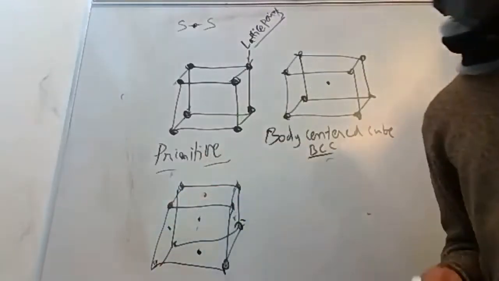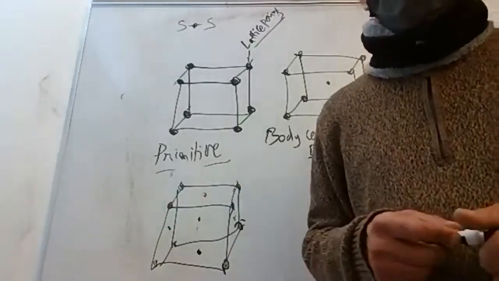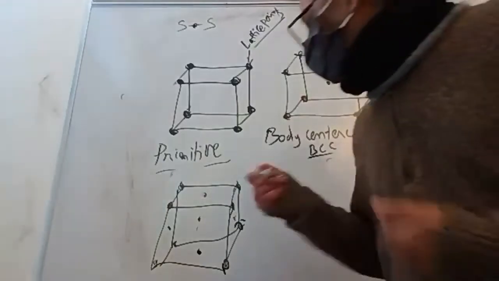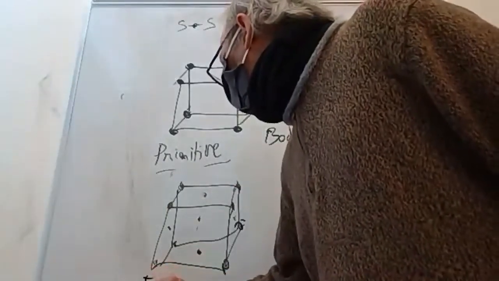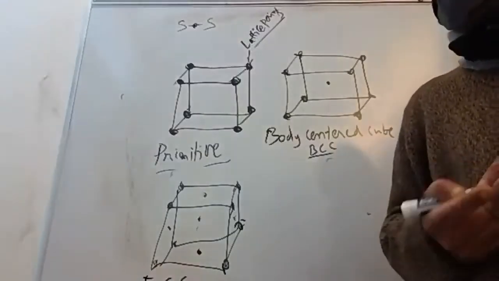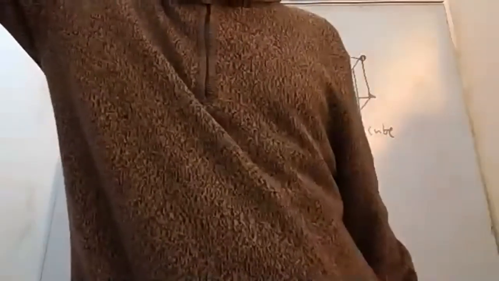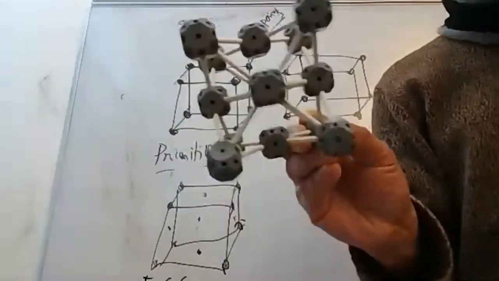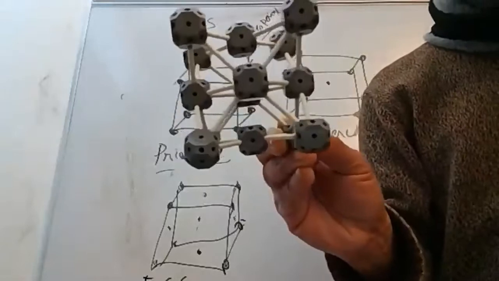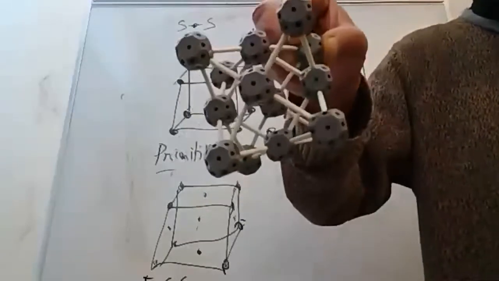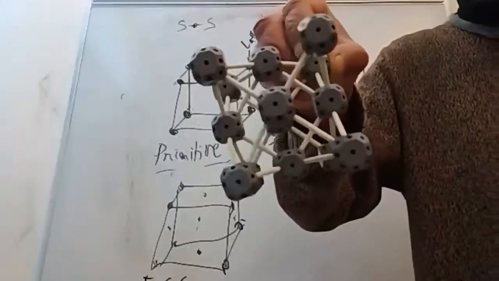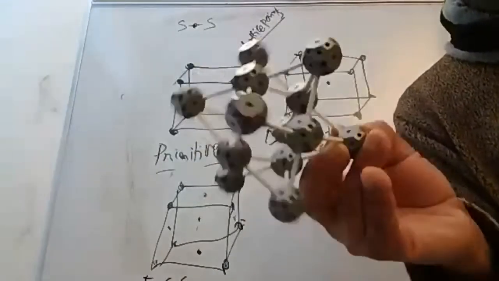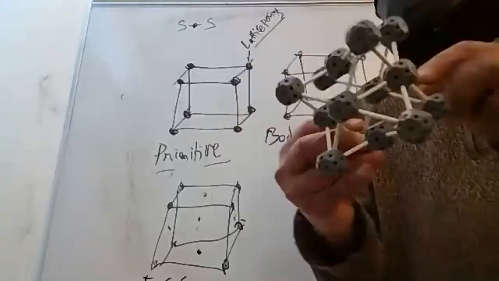Remember, cubes have 6 faces, and if you place an additional lattice point at each of the faces, then we get what we call face-centered cube. That is called FCC. An example of an FCC is right here, if all of you can see. This is a cube, and if you look at all the faces, there is 1 atom in the middle of all of them. That is a classic example of a face-centered cube.